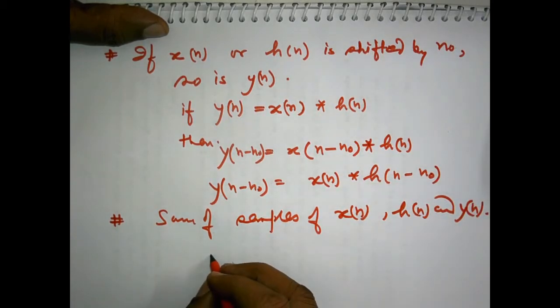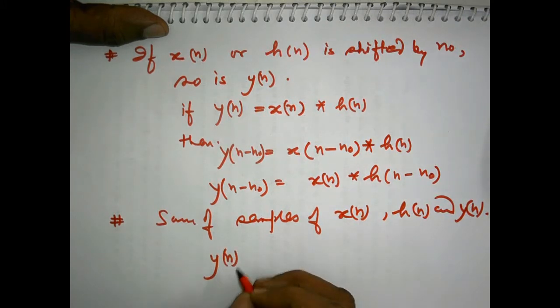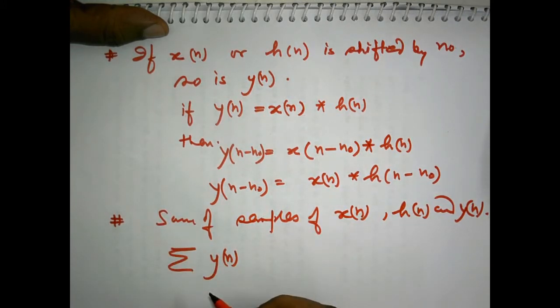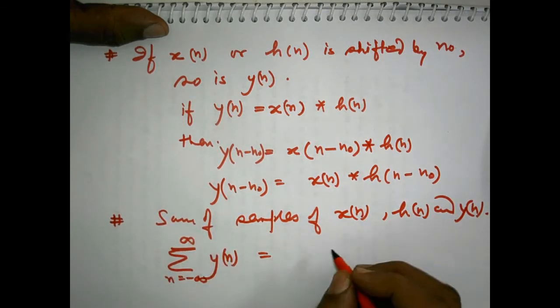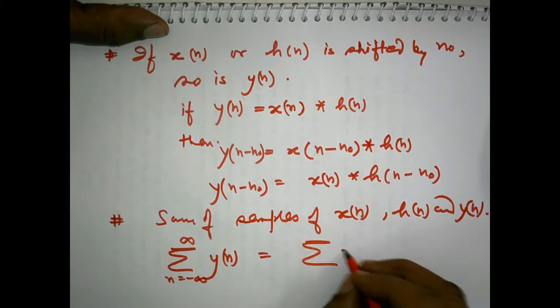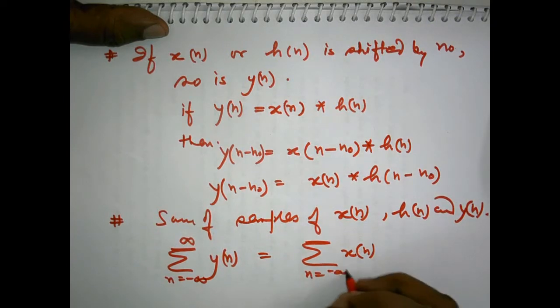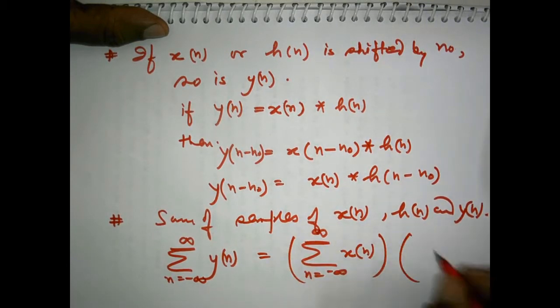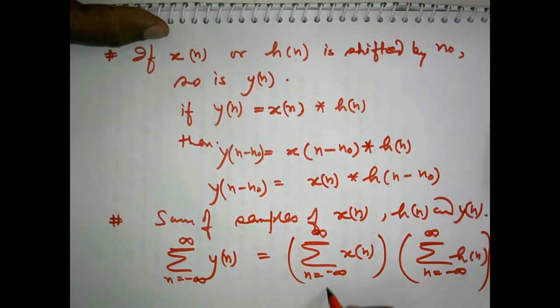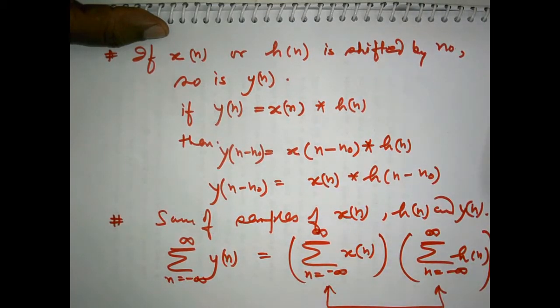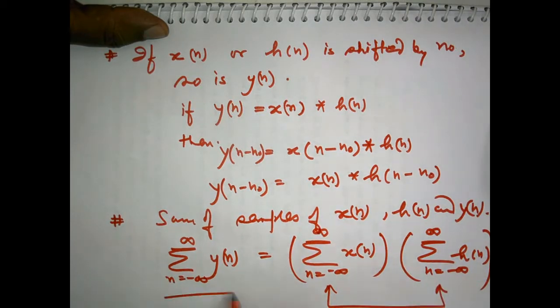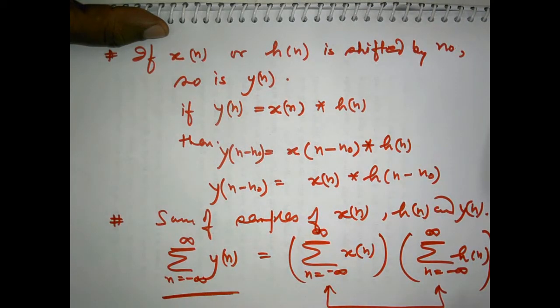If we sum up all the samples in y[n] from n equals minus infinity to infinity, and we sum up all the samples in the input signal from minus infinity to infinity, and we sum up all the samples in h[n] from minus infinity to infinity, the product of these two will be equal to the sum value of y[n].